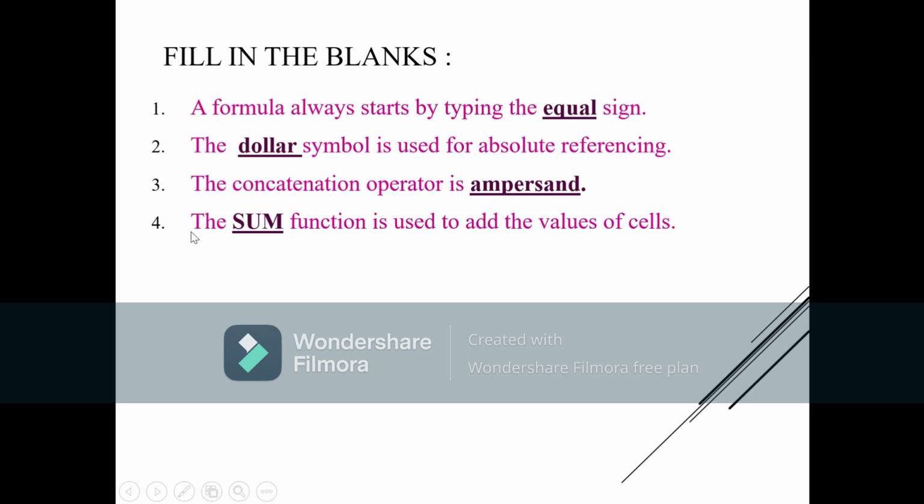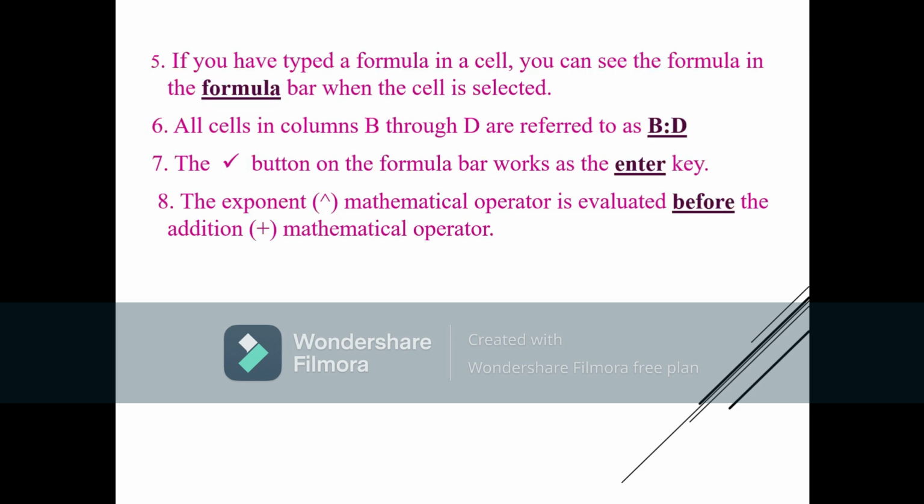Fourth, the sum function is used to add the values of the cells. When you want to add the values of the cells, just give the sum function. Fifth, if you have typed a formula in a cell, you can see the formula in the formula bar.